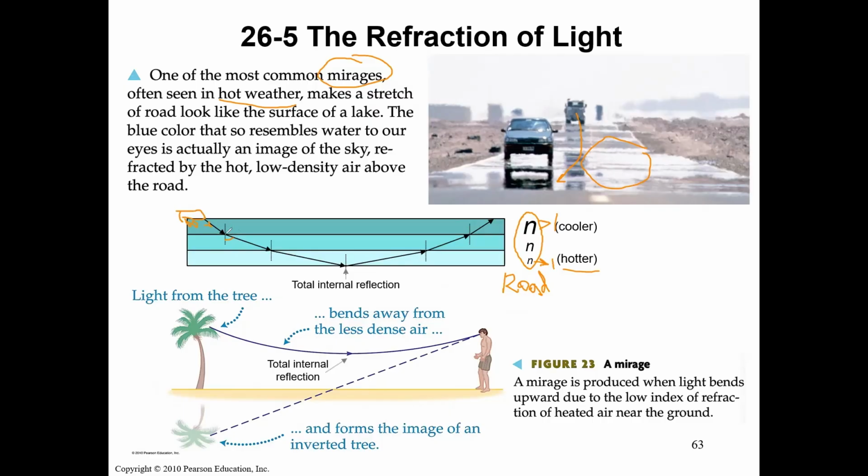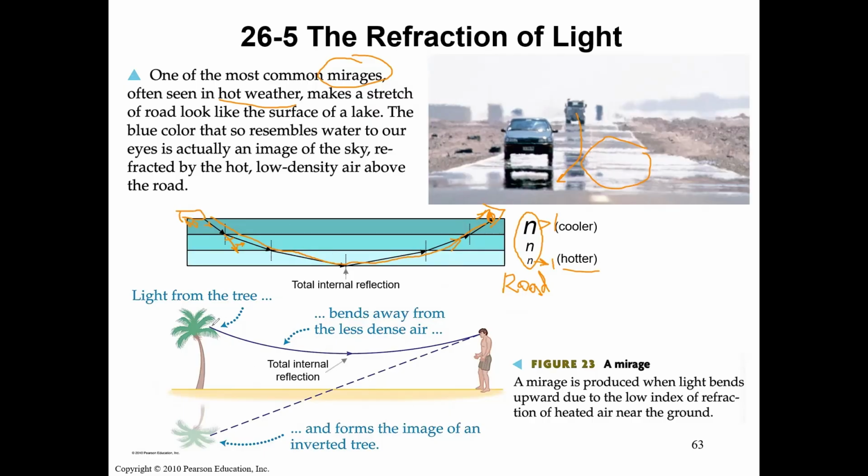If there's no refraction, it should go this way, but it bends away from the normal because we're going into a less dense medium. It will keep doing that and make a trajectory like that. So it will enter your eye, and it looks like there is a perfect reflection. So the road looks like a mirror.